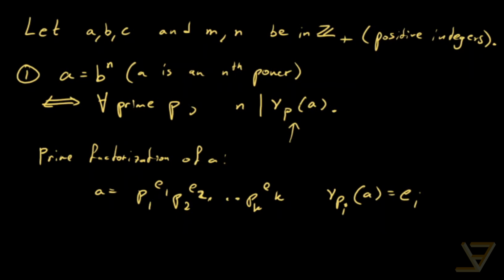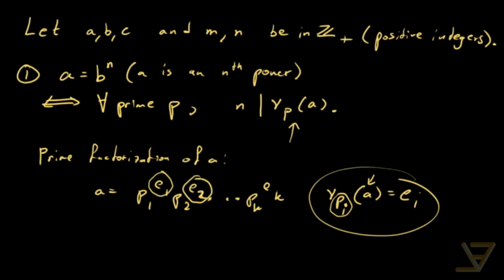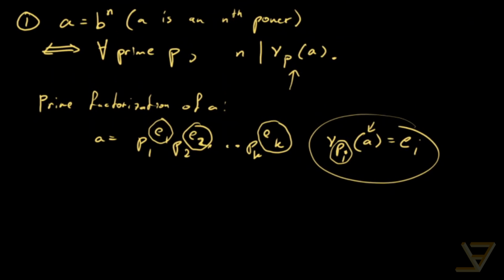So this is just the multiplicity of the prime pi in the prime factorization of A. So this is nu p1 of A, this is nu p2 of A, and all the way through to nu pk. So essentially what we're saying in the first power divisibility lemma is that A is an nth power if and only if the multiplicity of every prime in its prime factorization is a multiple of n.